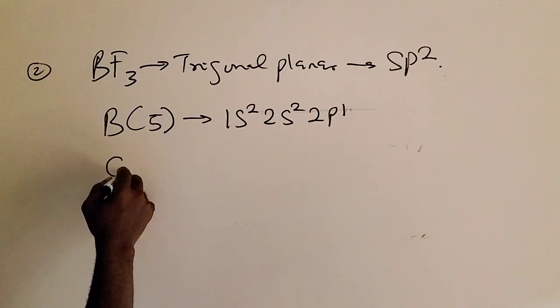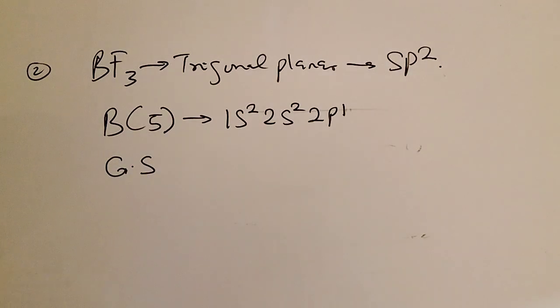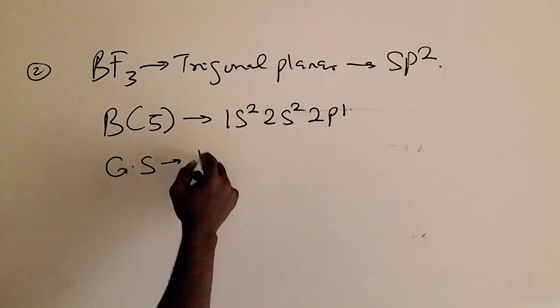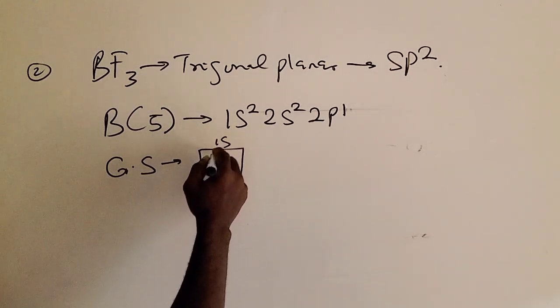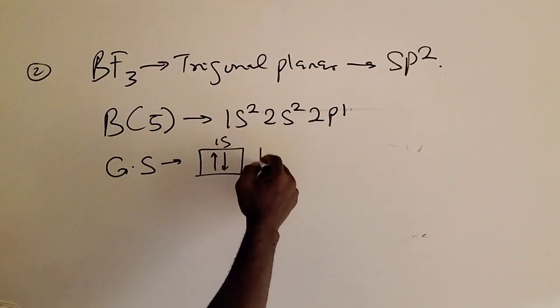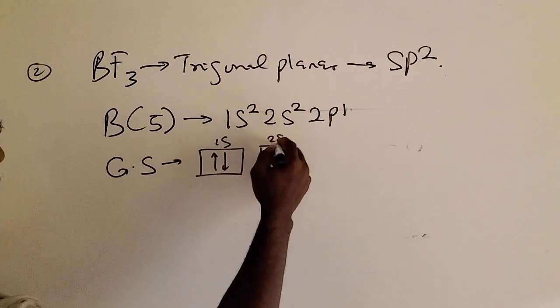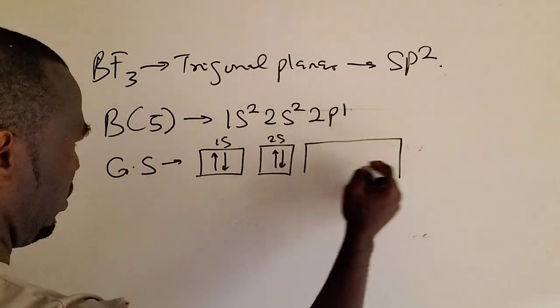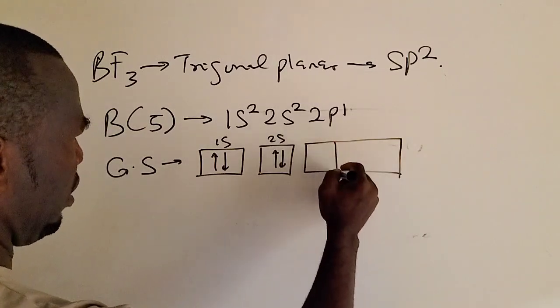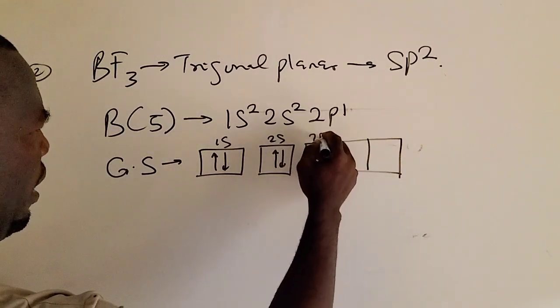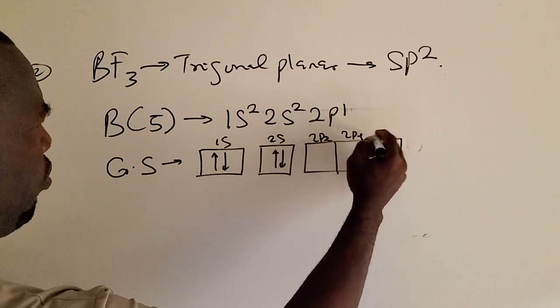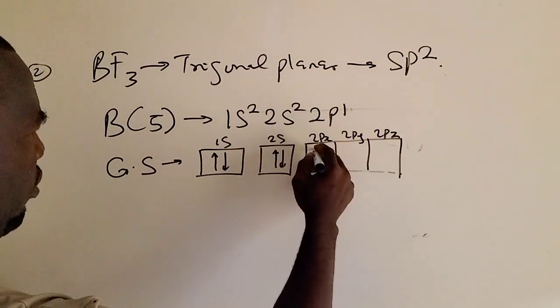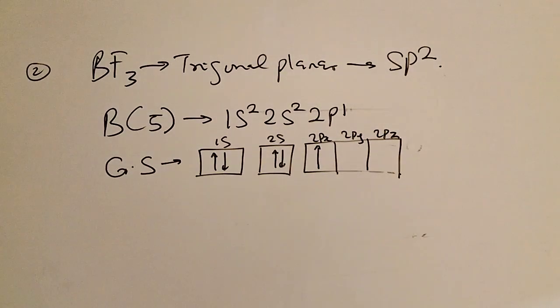If I draw the ground state, GS means ground state, orbital diagram of boron, I'll have 1s with 2 electrons, 2s with 2 electrons in opposite directions according to Pauli's principle, and then 2px, 2py, 2pz. So one electron enters there.